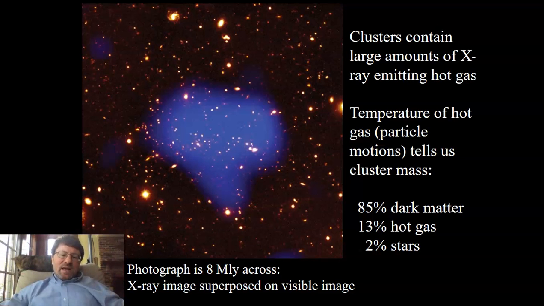But the fact that it's there allows us a way to measure how much dark matter there is. In the end, there's about 85% dark matter. 13% of this is in hot gas, regular gas like gas clouds, and 2% of the matter is in stars.